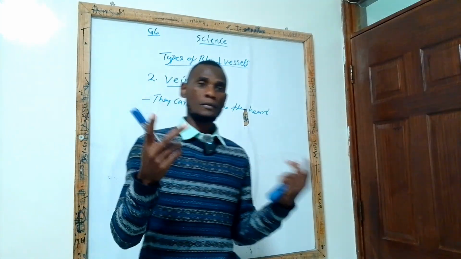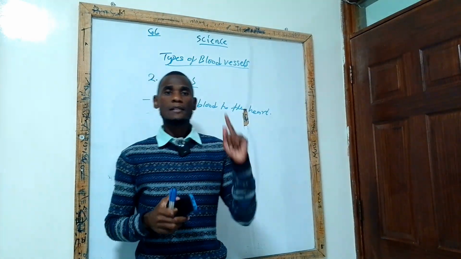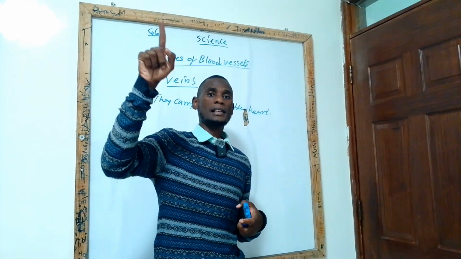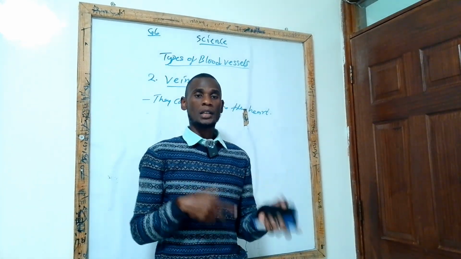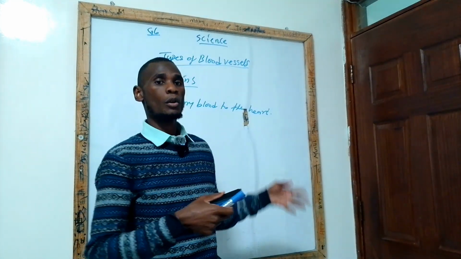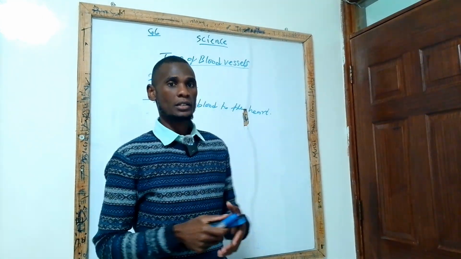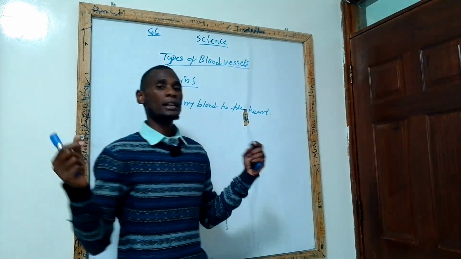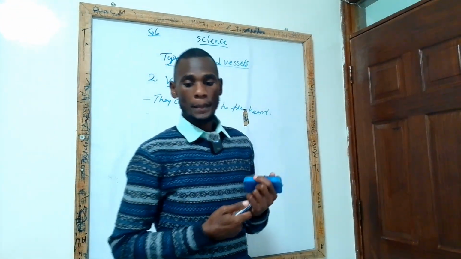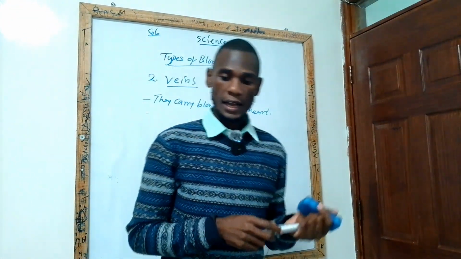We have the pulmonary vein, which brings blood from the lungs to the heart. Then we have the vena cava, which also brings blood from all parts of the body to the heart. So the two bring blood to the heart. That's the first characteristic, that all veins bring blood to the heart.